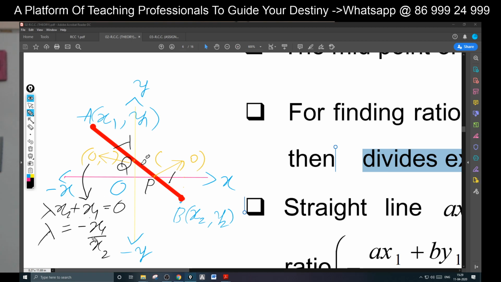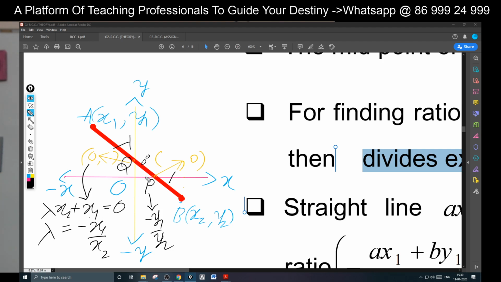So y-axis divides it in the ratio minus x1 by x2 and x-axis divides it in the ratio minus y1 by y2. This is what you have done. X-axis divides in the ratio of y coordinates with a negative sign and y-axis divides it in the ratio of x coordinates with a minus. So this is the formula.